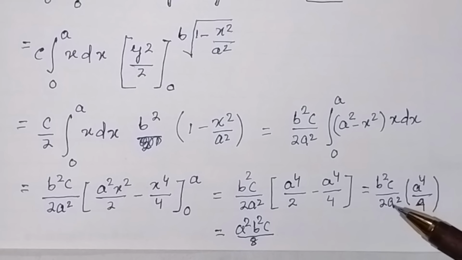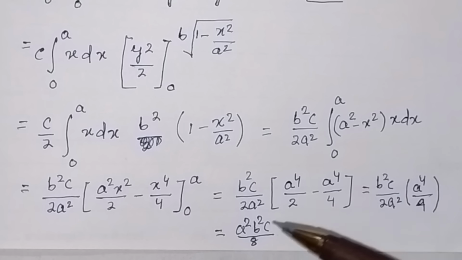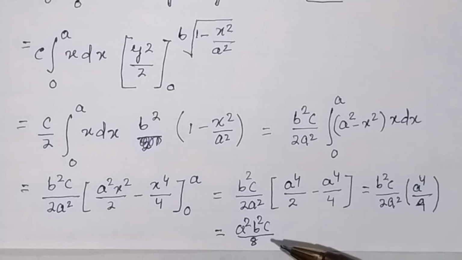So b square c divided by 2a square into a4 divided by 4, so a square cancels, 2 into 4 is 8, so this will be equal to a square b square c divided by 8.